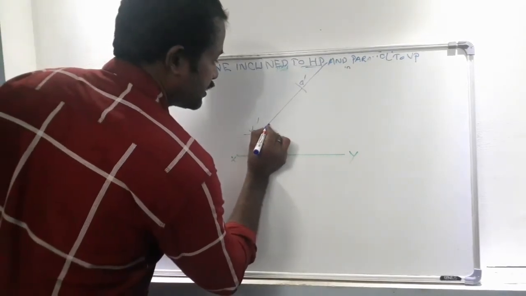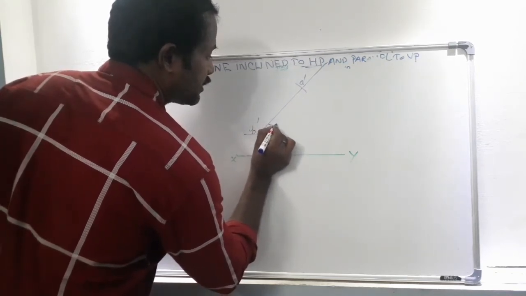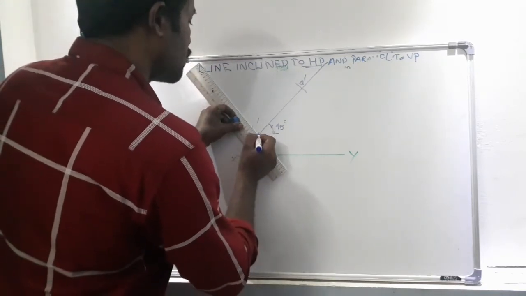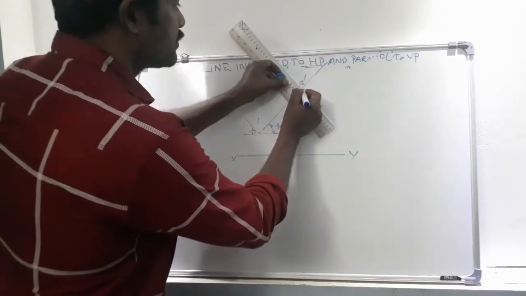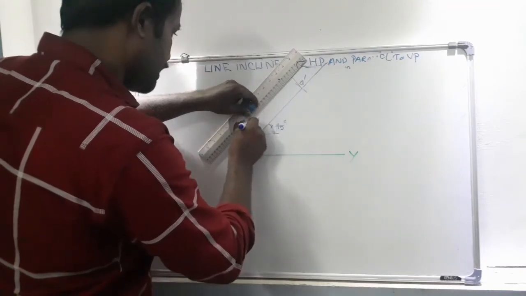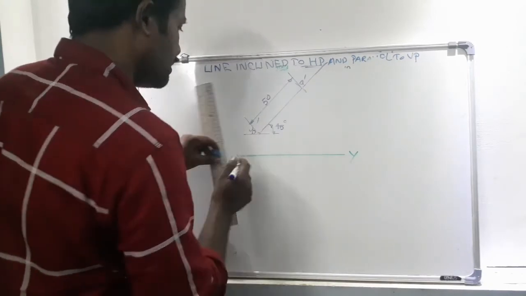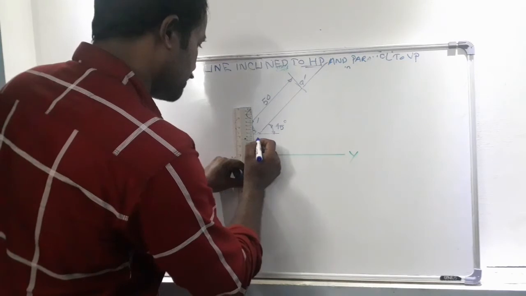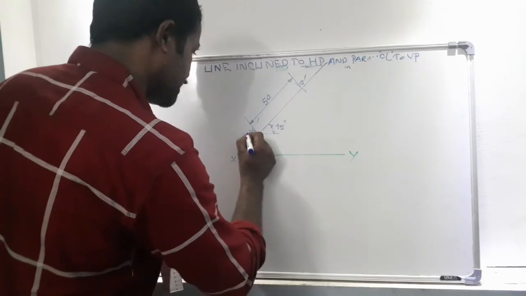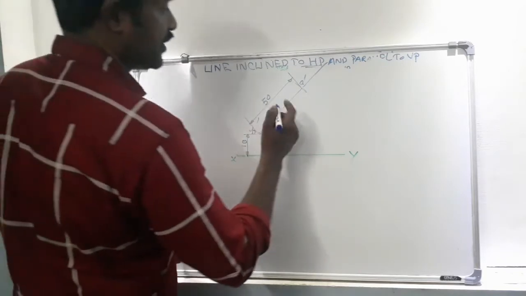That means our line AB is placed 45 degree with respect to HP, and the length of line AB is also given, its value is 50 mm. This is 50. And point B is 10 mm above HP. Now our front view is completed.